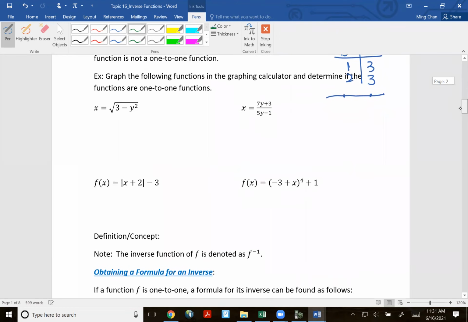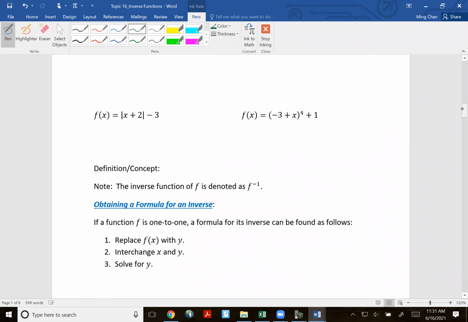Okay. It turns out you can actually find the inverse. If a function f is one-to-one, then you can actually find its inverse function.